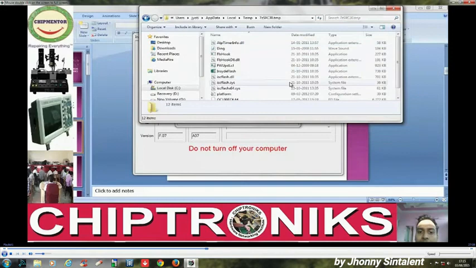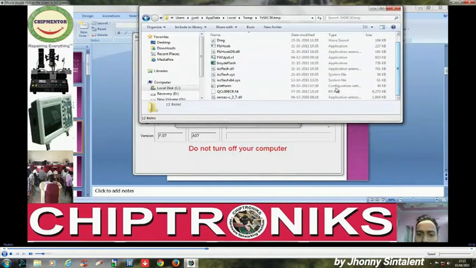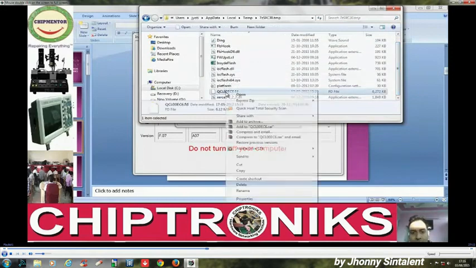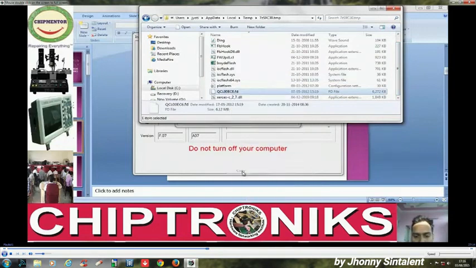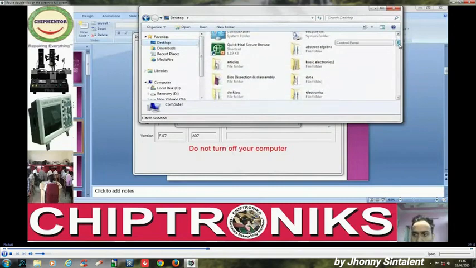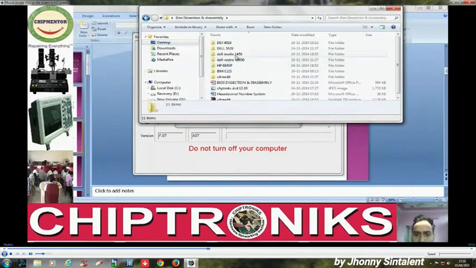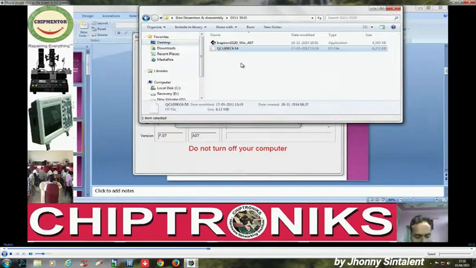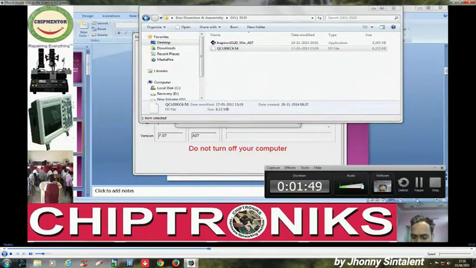You double click it and there would be a .fd file, and this is our .fd file. So this is the important one. We copy it and paste it over here in our folder Dell 5520. This is our file.